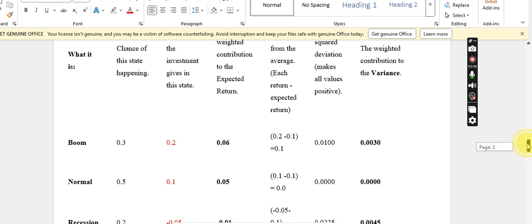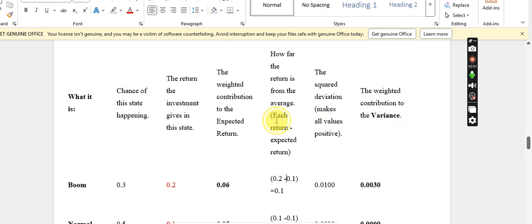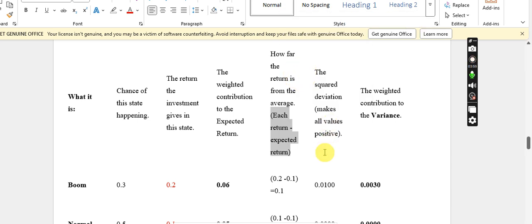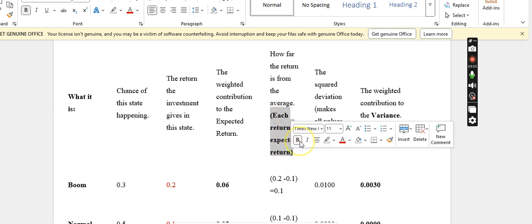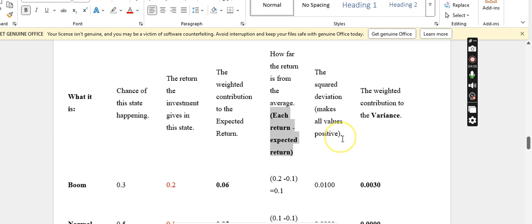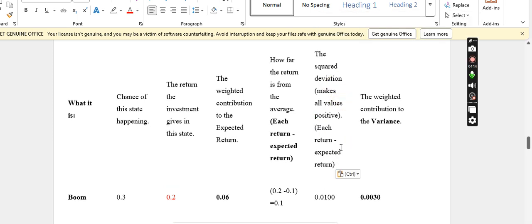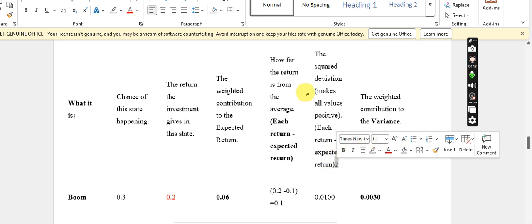Then after that, you're going to square this. When we subtract each return from the expected return, you square it: each return minus the expected return, squared.